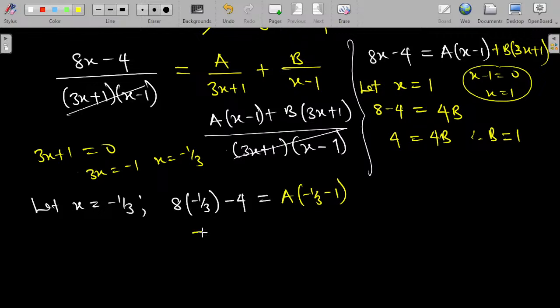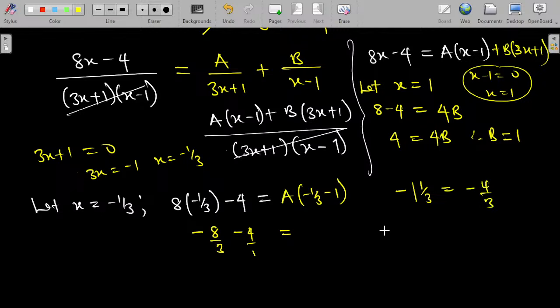Now if you join these two, that's minus 1 over 3 minus 1, that's going to give you minus 1 whole number 1 over 3, which you can change to improper fraction as minus 4 over 3.